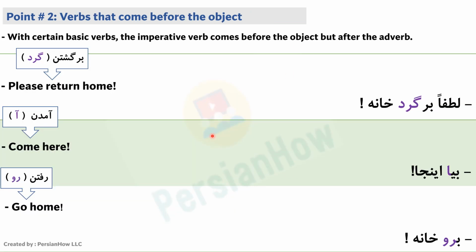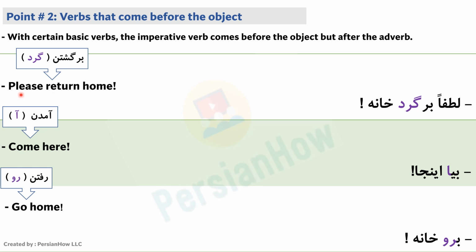The next point is that some of the very basic common verbs, for example, برگشتن, آمدن, or رفتن, usually they come earlier and they don't come at the end of the sentence or clause. For example, here, please return home. So technically we should say like please home return, but it comes earlier. So as you can see, لطفاً برگرد خانه. So برگرد has come before خانه.